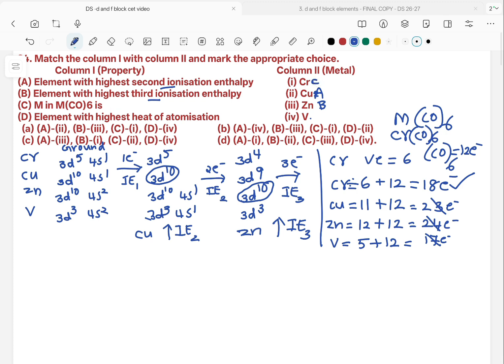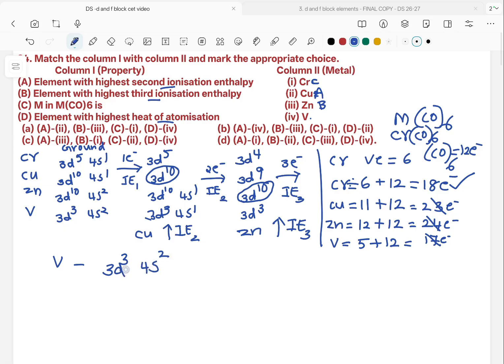Element with highest heat of atomization, the leftover is vanadium here. When we want to understand the heat of atomization, vanadium electronic configuration has to be known. That is 3d3 4s2 configuration here.